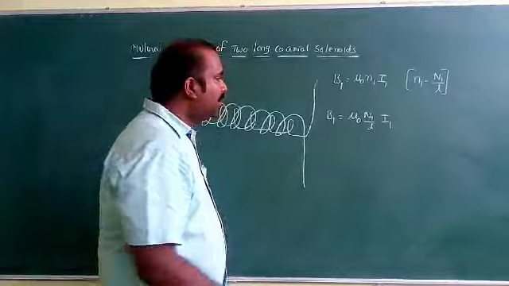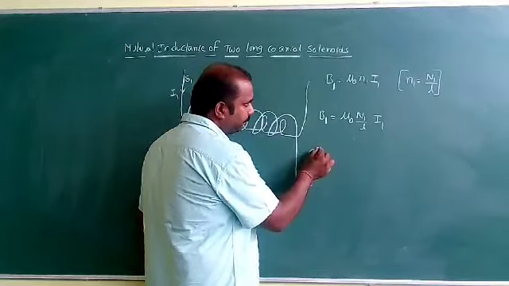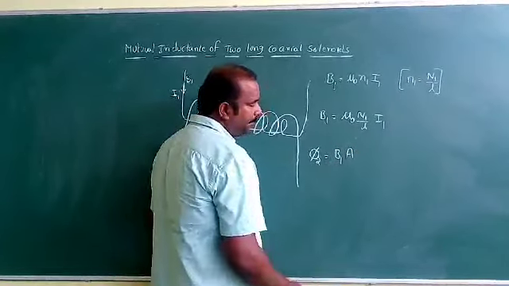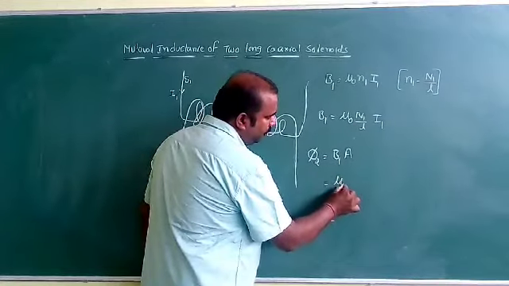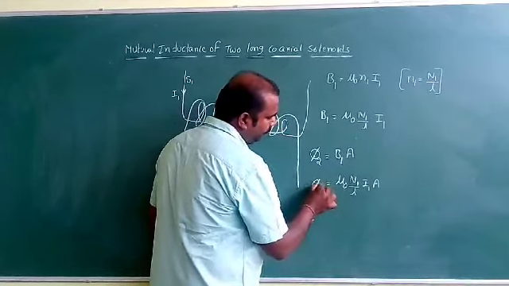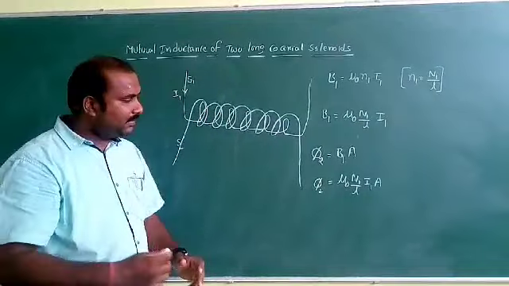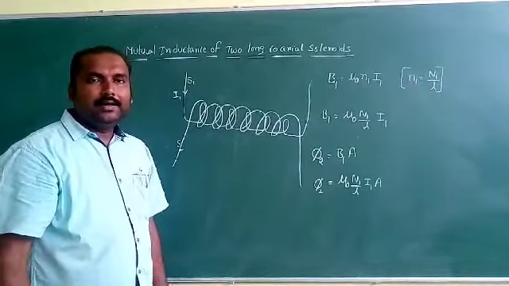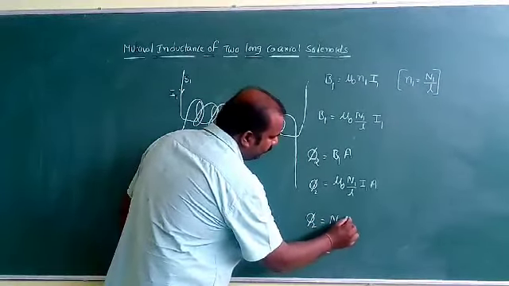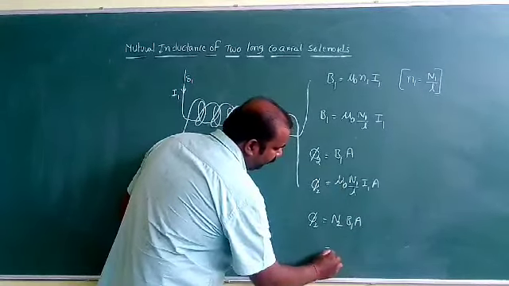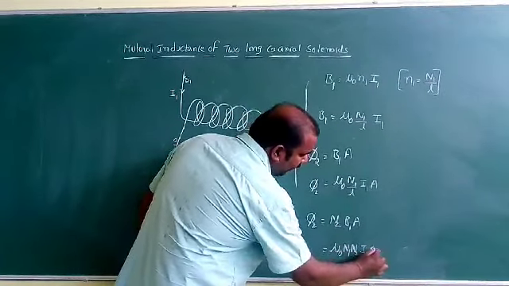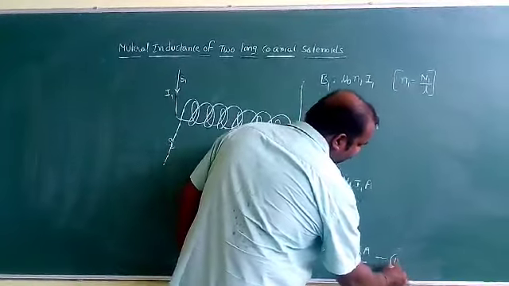The magnetic flux linked with each turn of solenoid 2 is phi 2 is equal to B1 into A, where B1 is mu naught N1 by L I1, so it is mu naught N1 by L I1 into A. Next, the total magnetic flux linked with the secondary solenoid is phi 2 is equal to N2 B1 A, and the above equation becomes mu naught N1 N2 I1 A by L. This is equation 1.